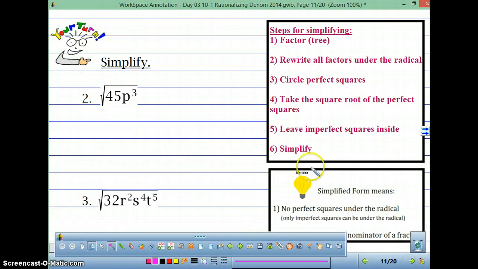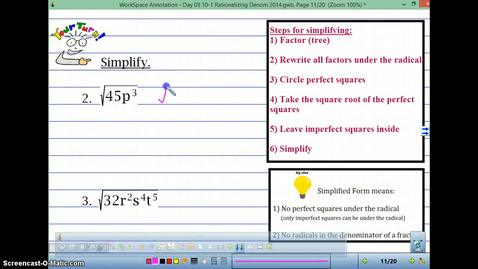Let's move on. A couple more examples. Watch this one, or try it yourself. Pause the video and then watch. There's my radical sign. I'm going to factor 45. 4 times, no, I did that wrong. Silly me. It's 5 times 9.